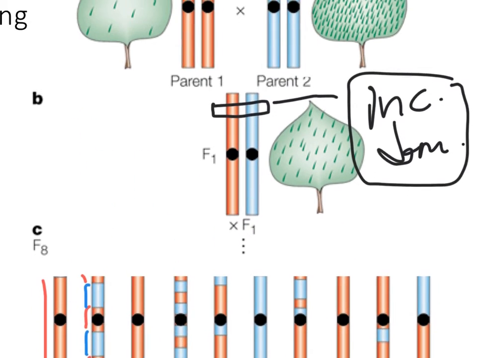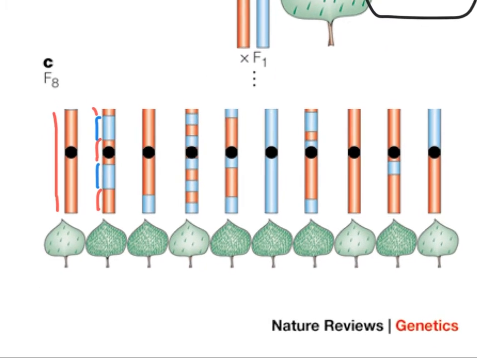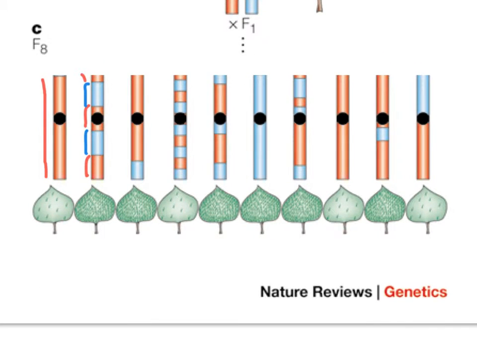And remember, parent 1, the red, was less hairy, so we should be looking for regions where the less hairy plants have red genes. And at the same locus, we would expect the hairier plants to have blue genes, the blue alleles of those genes. Is there any spot along the chromosome from top to bottom where that's true?